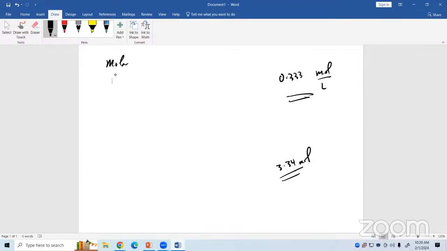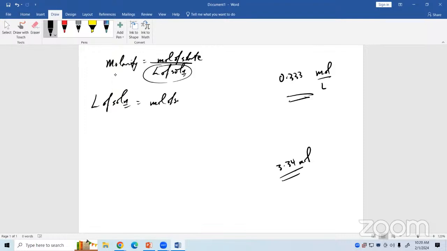Molarity is equal to moles of solute divided by liters of solution. In this case, what the question is asking for is the volume. How many liters of solution? So to get the volume by itself on this side, liters of solution will be equal to moles of solute divided by molarity.